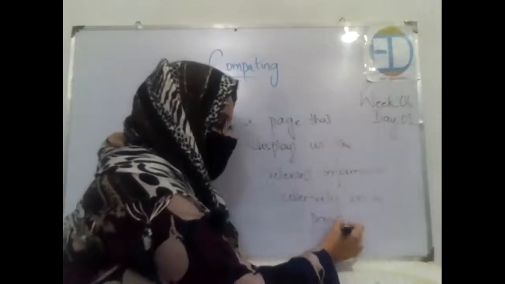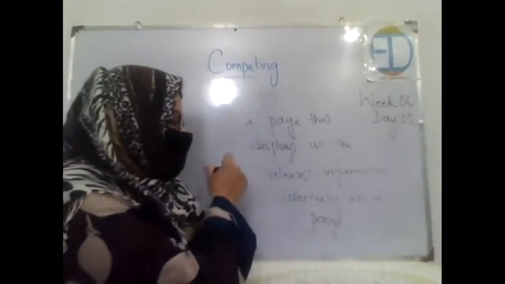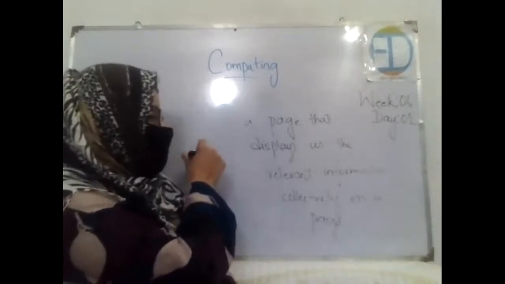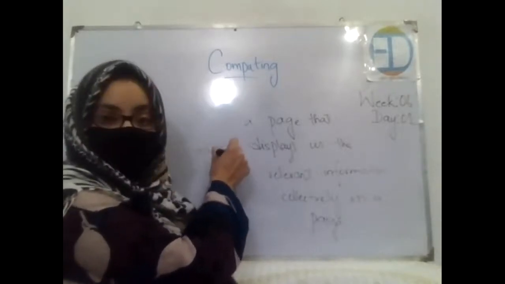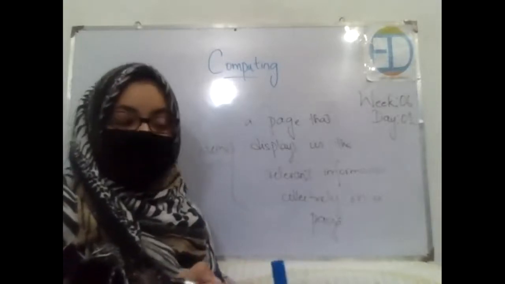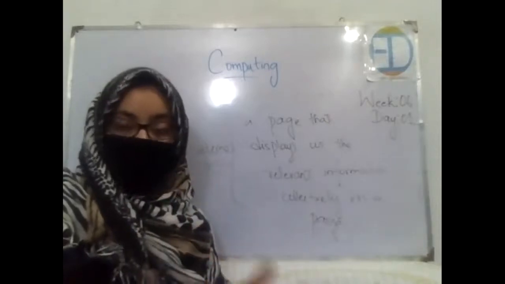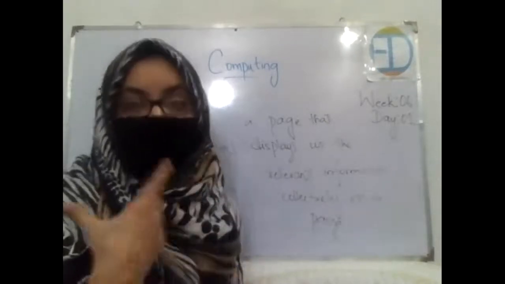This is called a web page. And one more important thing is that we must have internet for that, because the internet is the source. If somebody does not have internet, he cannot search for web pages, right? The websites cannot work without internet.